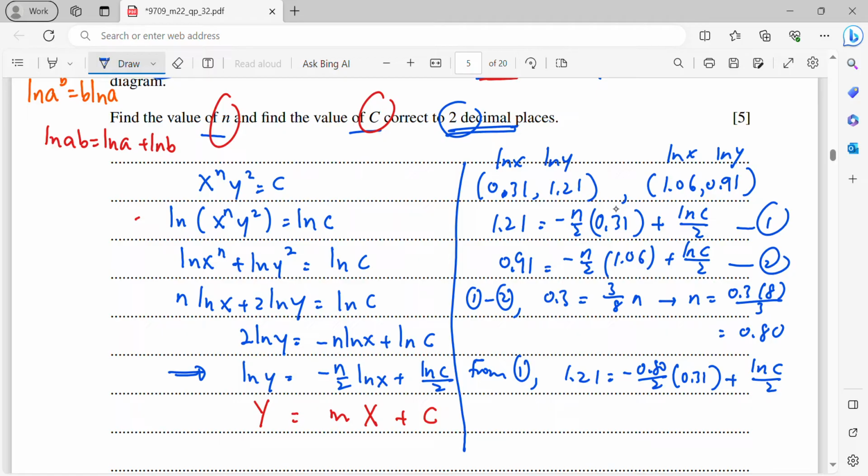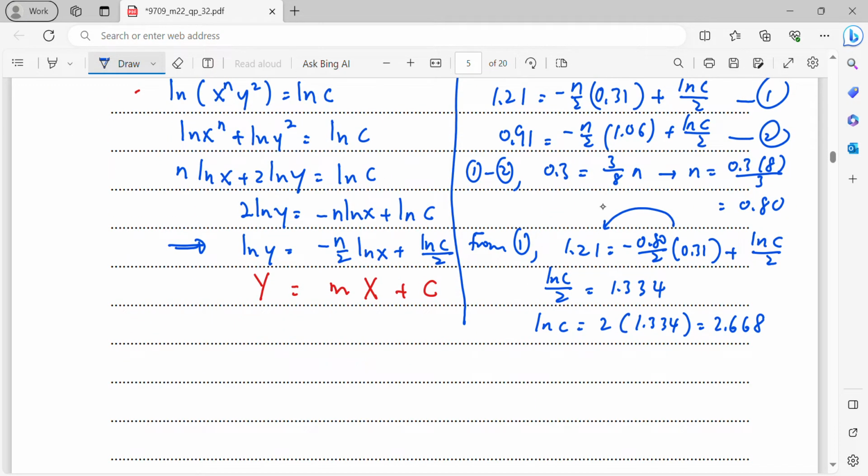So from here, my ln c over 2, you will get this term moving to the left side, becomes plus, and you will be getting 1.334. Then now, my ln c is 2 times 1.334, which is 2.668.